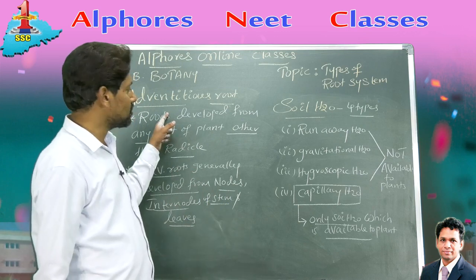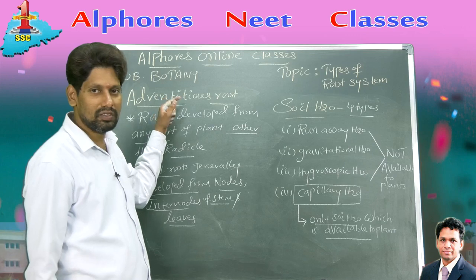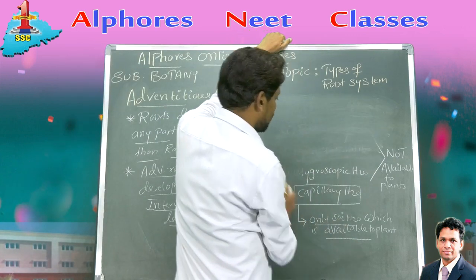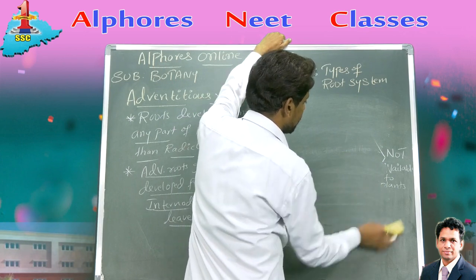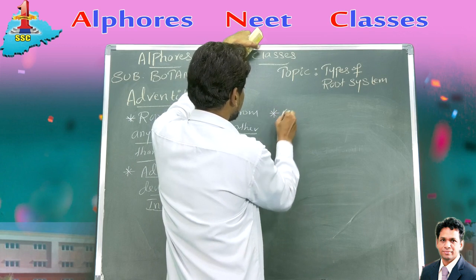Are adventitious roots present in dicots or monocots? Adventitious roots are present in both dicots as well as monocots. Where are they present? In dicots as well as in monocots.